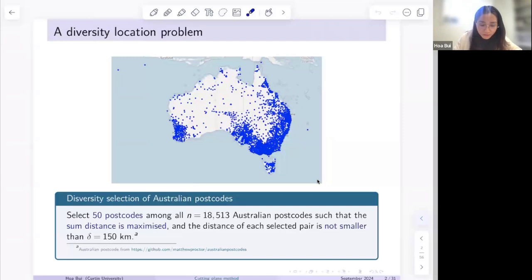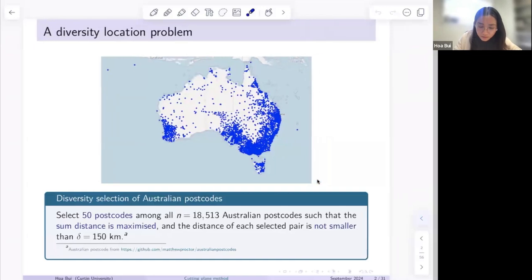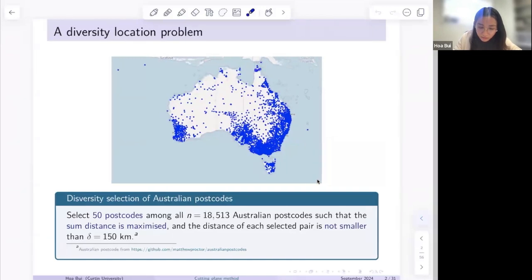This means that we try to maximize the sum of distances between your selected points. At the same time, you don't want them to be too close to each other like this. You want them to be further apart than a given threshold. And this is an optimization problem.